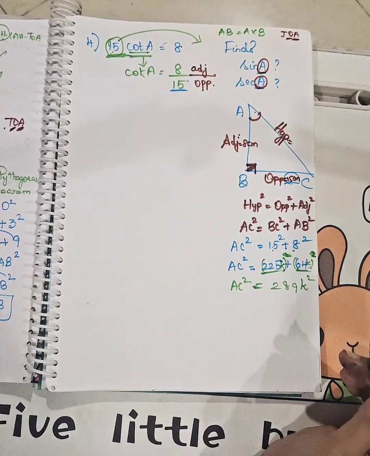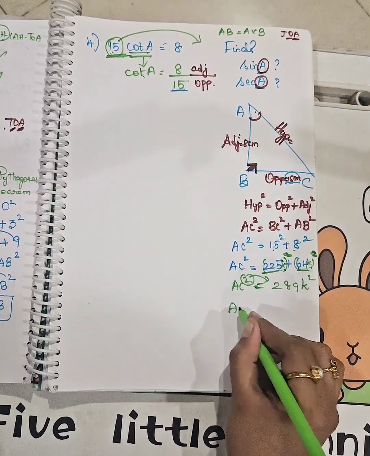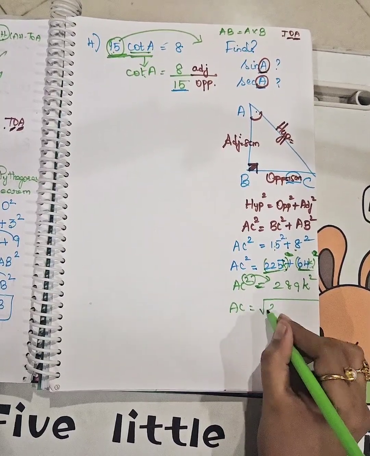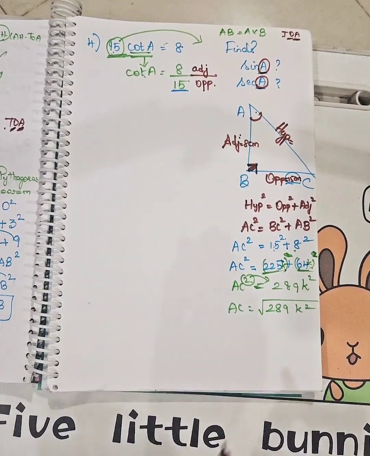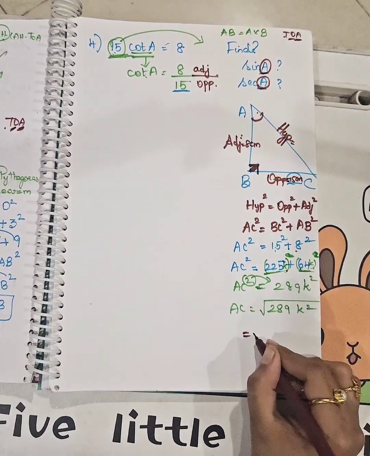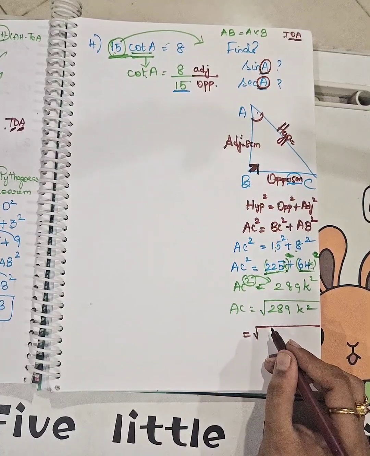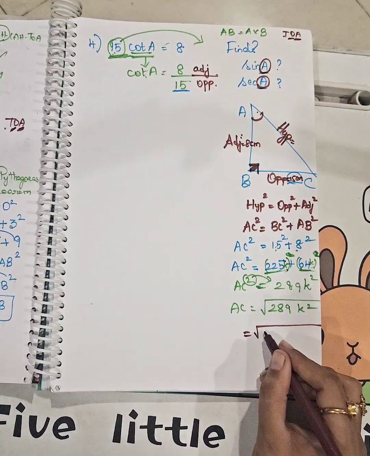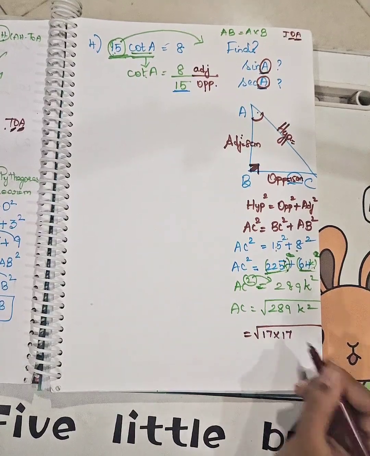So what is the square value of that? Square will go here and become square root, right? Square root of 289. What is the square root of 289? Which table do you remember? You need to find the prime factorization. The factors of this are 17 into 17.